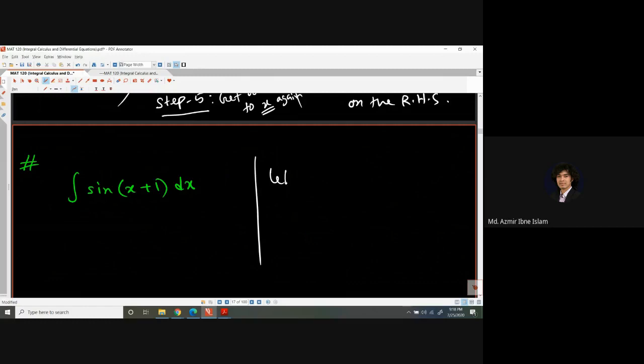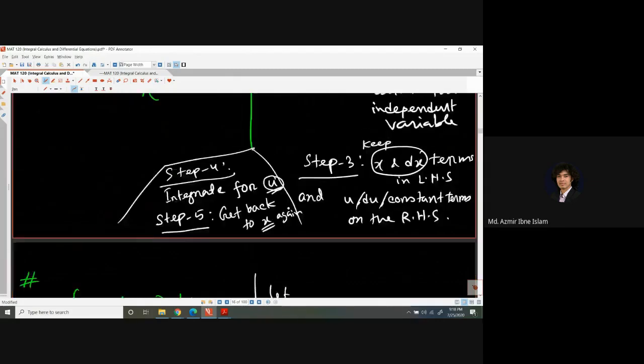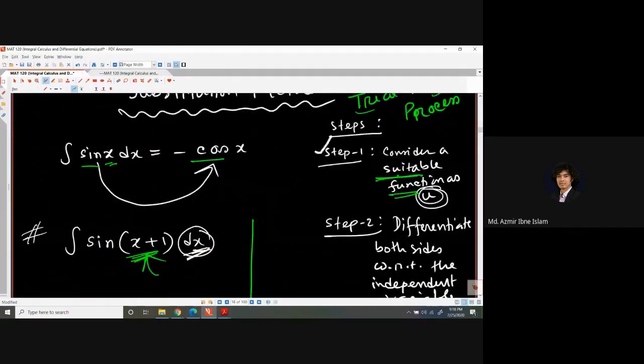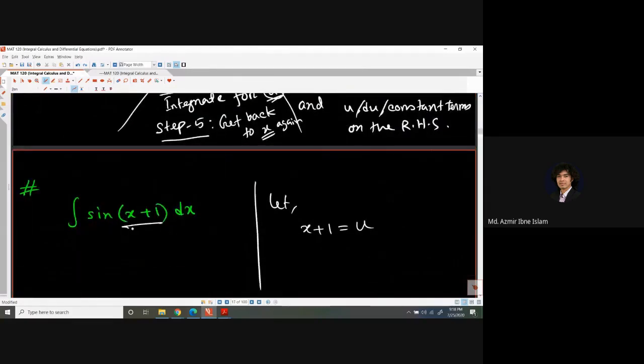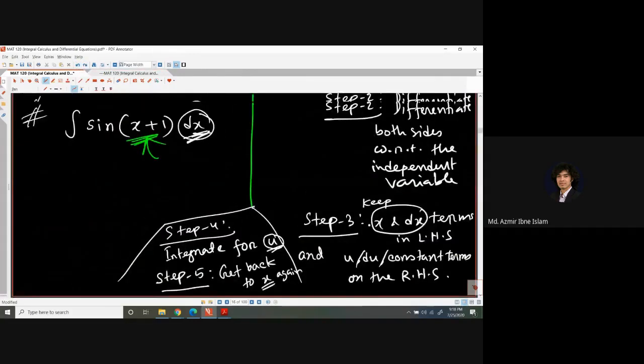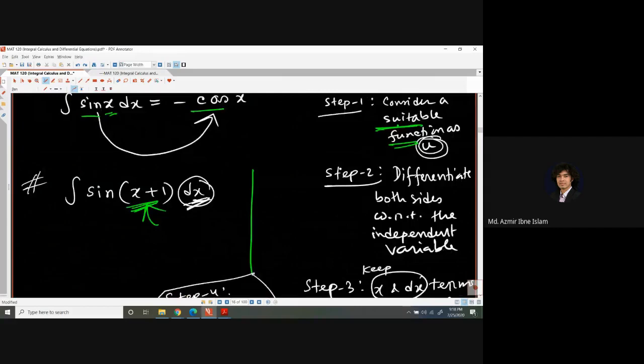So let's say we are taking x plus 1 as u. This is our first step. Step 1 says to consider a suitable function as u, but I have just taken a function from here. I am not sure whether it is suitable or not. We will understand after finishing step 2 and step 3.